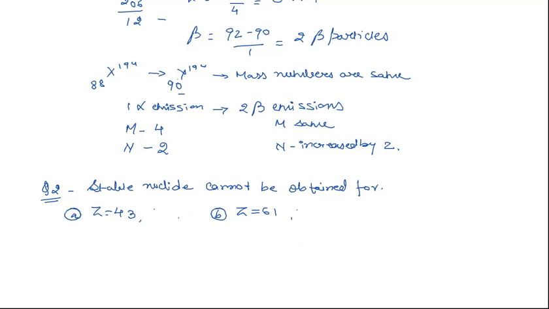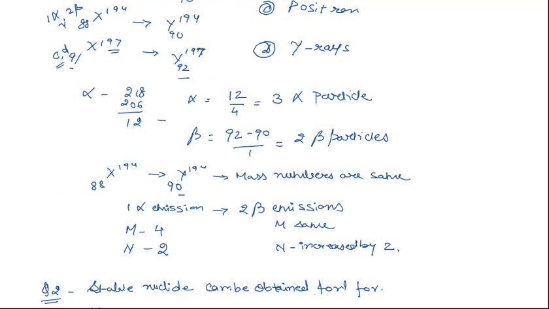This is the Z, and if I am making this 88 and this A will be equal to 126, can I obtain a stable nuclide?